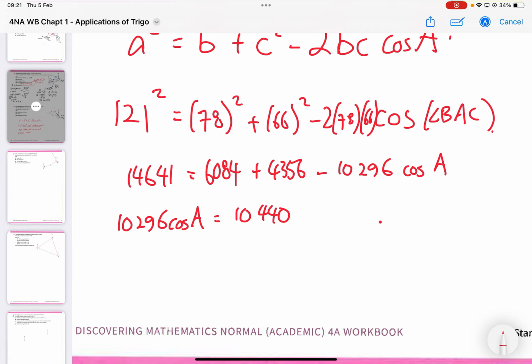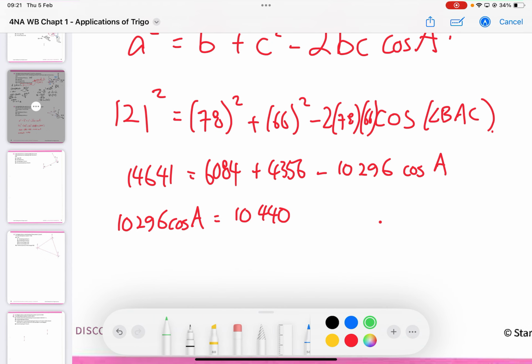Okay? This thing becomes 10440. Then my 14641, it was on the left. I want it to be on the right because I'm solving the equation. All my terms with the unknown on one side, all the numbers on the other side. So this 14641 comes over here and becomes negative.